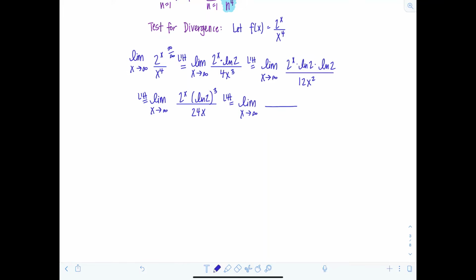The numerator will always have 2 to the x, and then these ln of 2's will keep accumulating, and I'm left with 24. So the numerator is approaching infinity, denominator is a constant, so this limit is infinity, which is not 0, not even close. So what does this tell me? Well, my series doesn't converge absolutely.